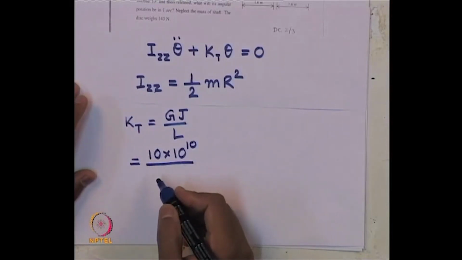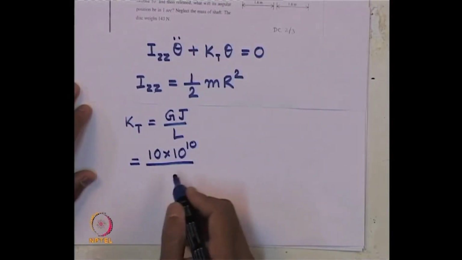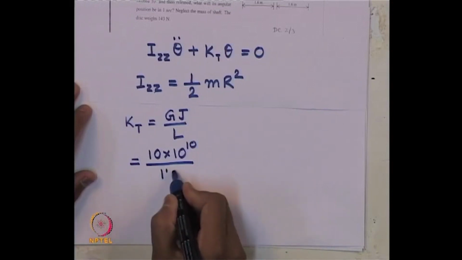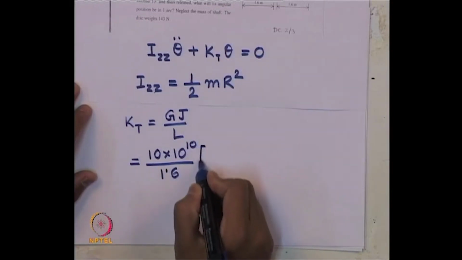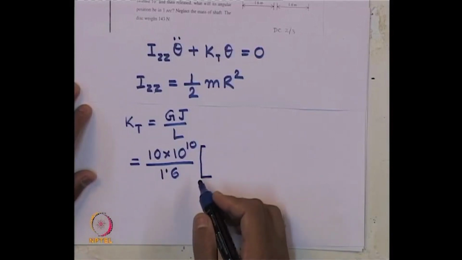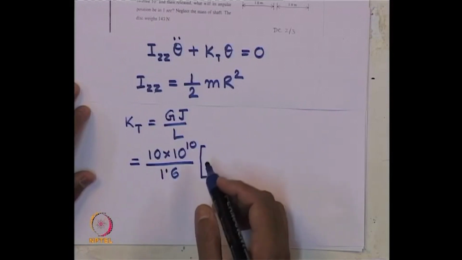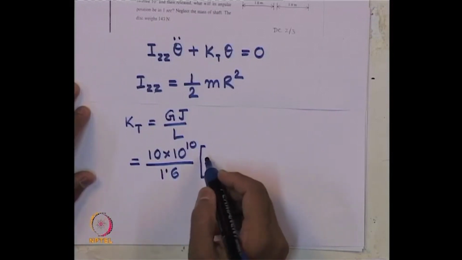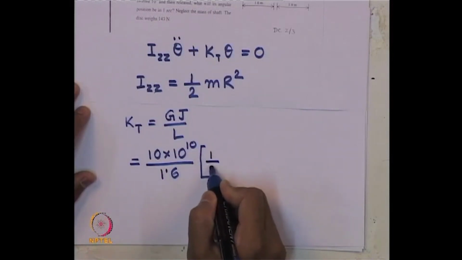The length of both the shafts is equal, so that also we can take common, 1.6 meter, but the diameters of the two shafts are different. So, J is how much?